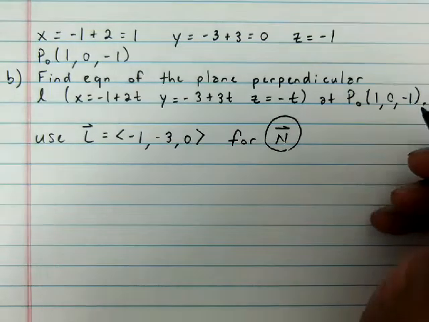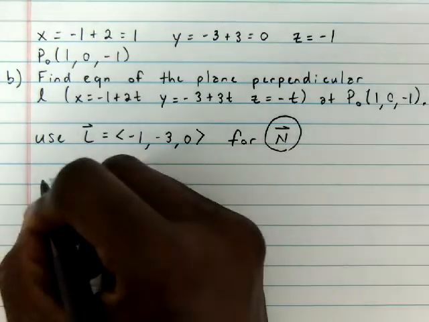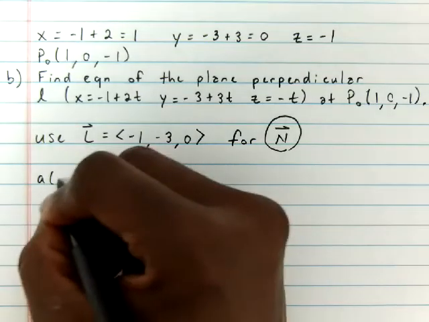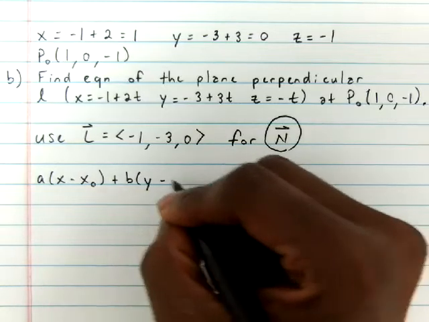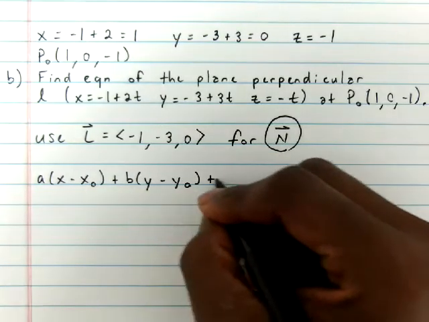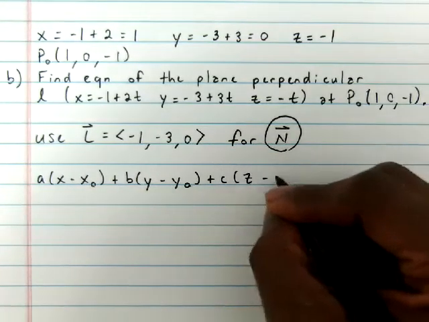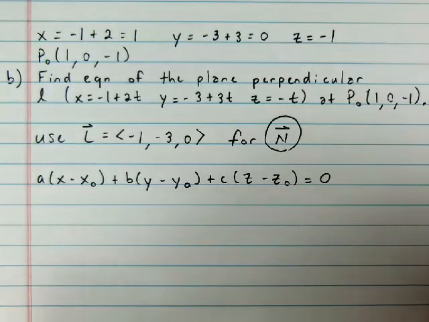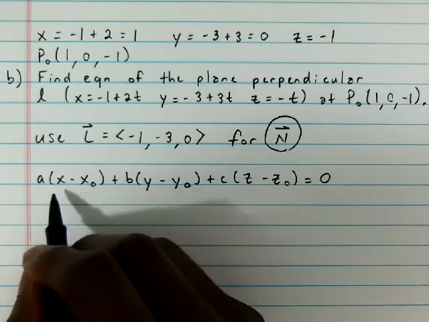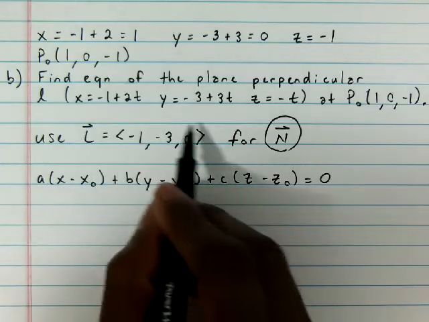So now we just need the equation of the plane, which is a times x minus x naught plus b times y minus y naught plus c times z minus z naught equals 0. And now we can just plug in the information we have. So this is actually our n now.